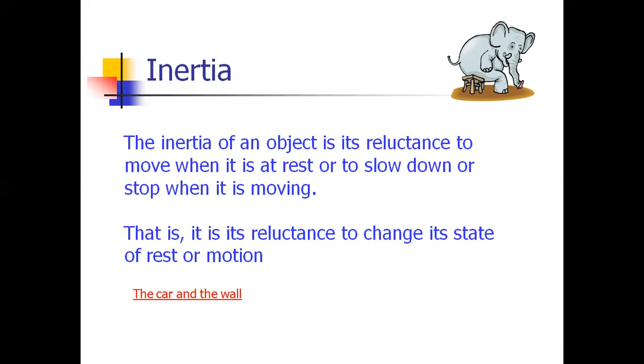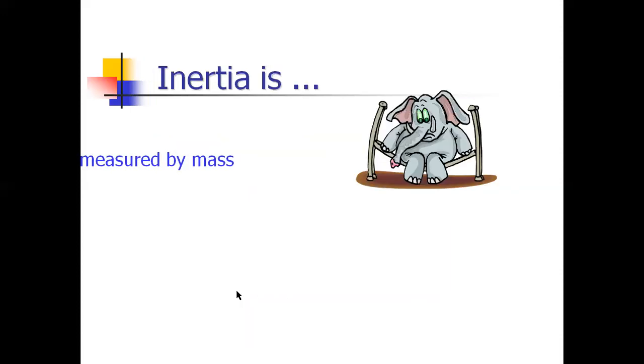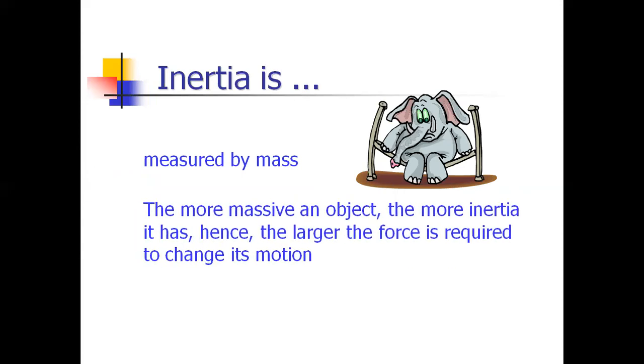This is how you can define inertia. And inertia is measured by mass, means more the mass, more will be the inertia, or more will be the reluctance of the object while changing its state. Conversely, if the mass is lesser, then inertia will be lesser, means its resistance or reluctance in changing the state will be lesser.